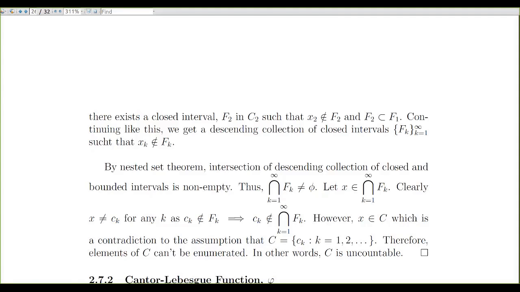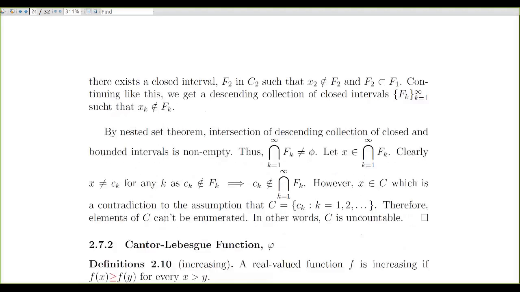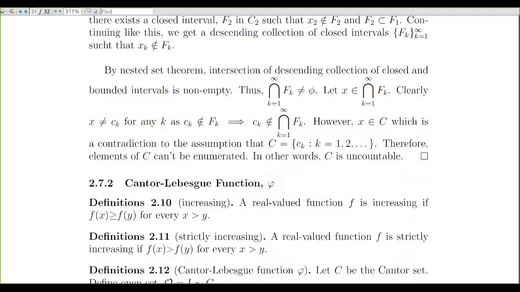Therefore, there exists a point in the intersection, and we call this point x. And then x is an element of C, but it does not have a number. It is not of the form Ck. It cannot be given a number. It's not there in that family. Therefore, C is uncountable. Thus, we have an uncountable set of measure zero.